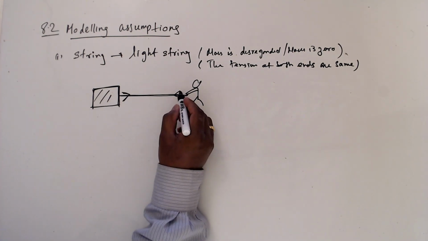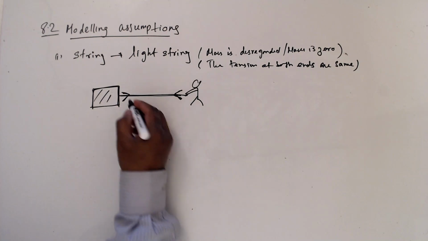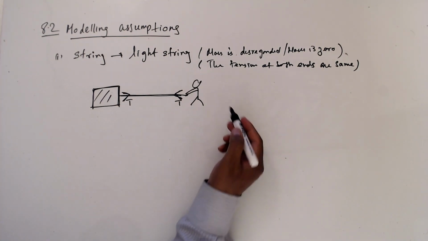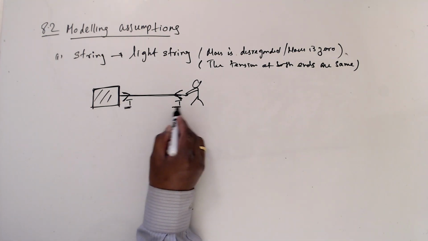You can do that and feel it. So the tension he feels is in this direction. We put T, and this is T. The tension at both ends is the same. This is the meaning of this.